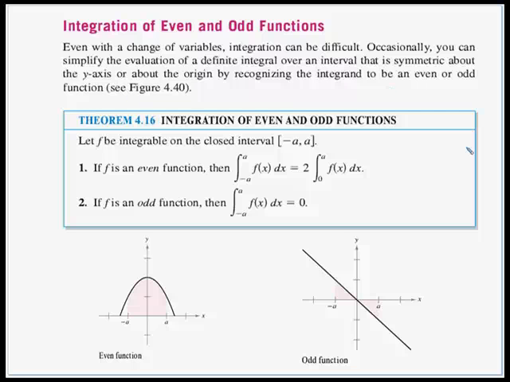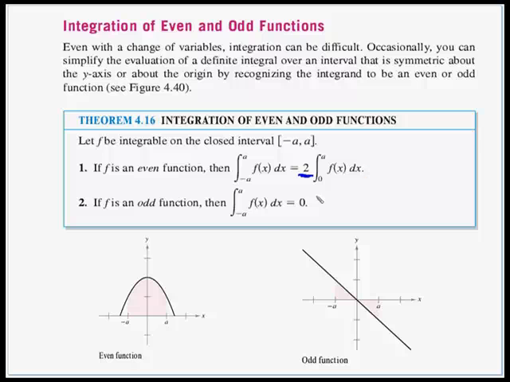And here in Theorem 4.16, it says let f be integrable on the closed interval from -a to a. We have our y-axis in the middle, and we are spread evenly around it. If f is an even function, then we can take the integral from -a to a of our function and simplify it down to twice the integral from 0 to a of f of x dx.